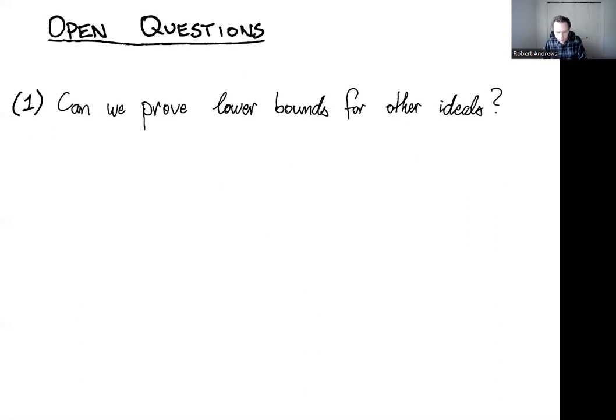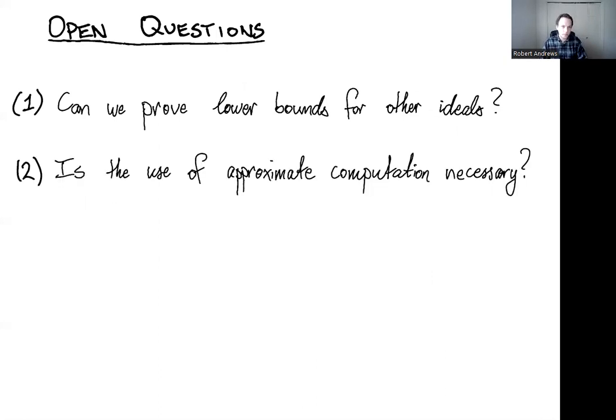So the most natural open question is, of course, can we prove lower bounds for other ideals? Maybe there are other things like straightening laws or other related tools that we can use to prove lower bounds for more ideals. It would be nice to understand this question more. Second question is, our reduction was approximate, and in the proof we give, we really heavily rely on approximate computation.